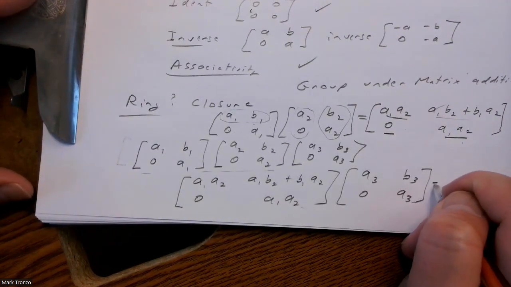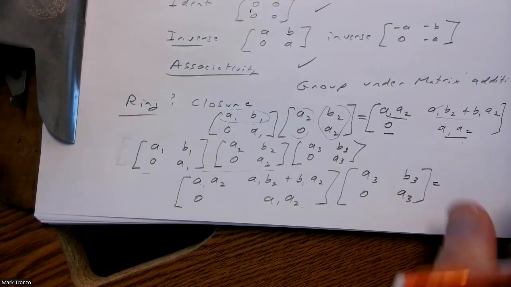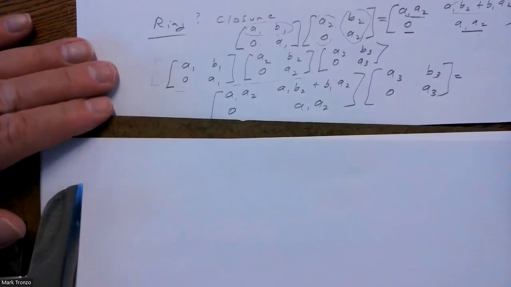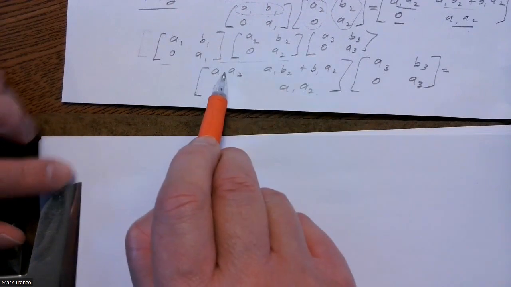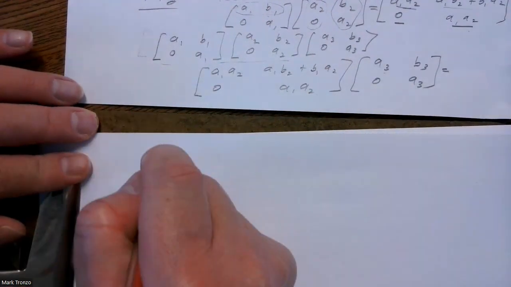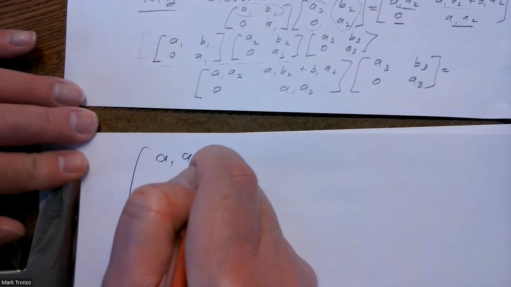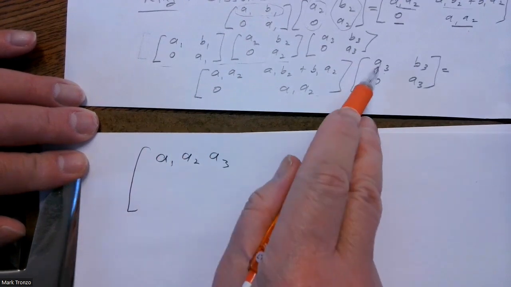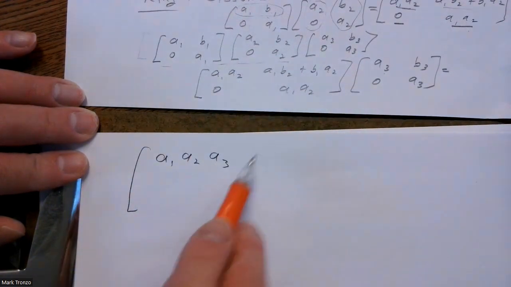And then if we were to multiply these two together, I think I'm going to run out of room here, so I better just go ahead and go to the next page. So if we multiply these out, this is going to give us A1 A2 A3. That'll be this times this plus this times this, so it's going to be plus 0.